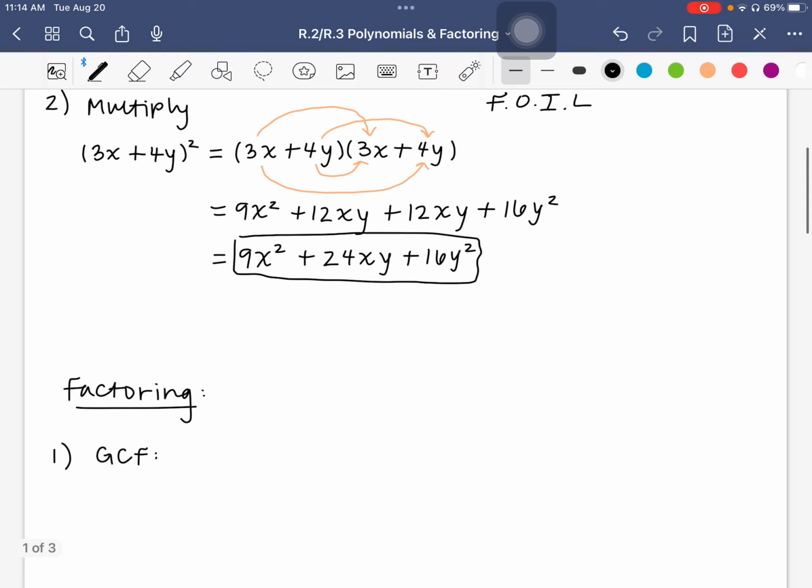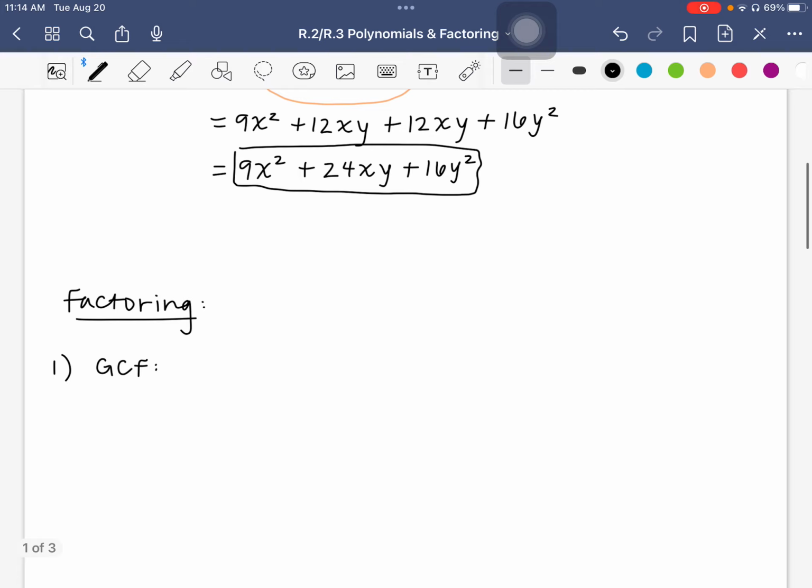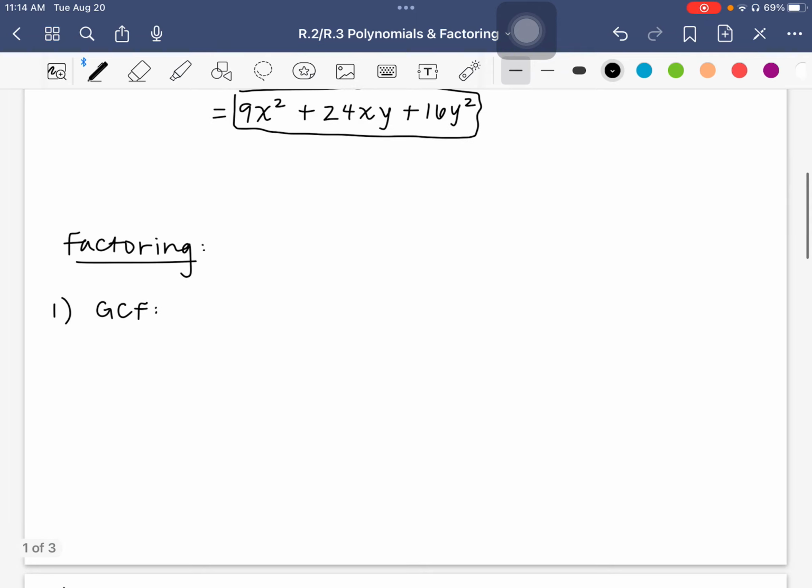Now we'll get into some examples of factoring. There are quite a few methods to factoring, and those are in your textbook, but we'll go over some examples to solidify these concepts. So the first one is our GCF method, or our greatest common factor method. So we'll look at this example.